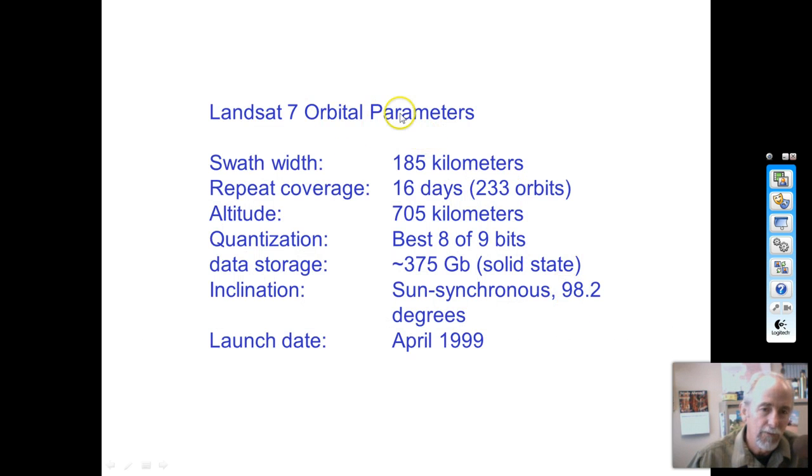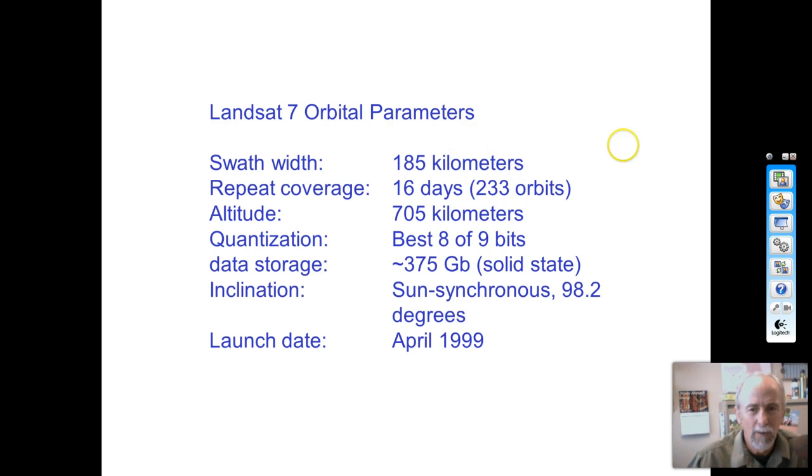The orbital parameters of Landsat are pretty interesting. Every 16 days the satellite returns to the same location that it was at previously. These locations are actually called paths and rows, or path rows, and so a particular scene has a designation, a shorthand that you can use when you're searching for that scene.